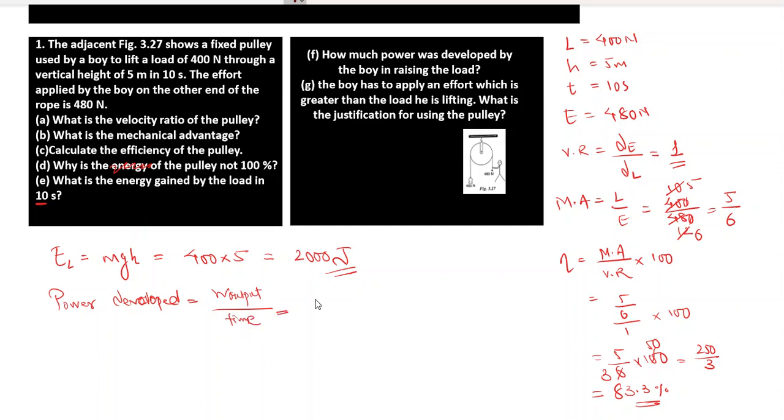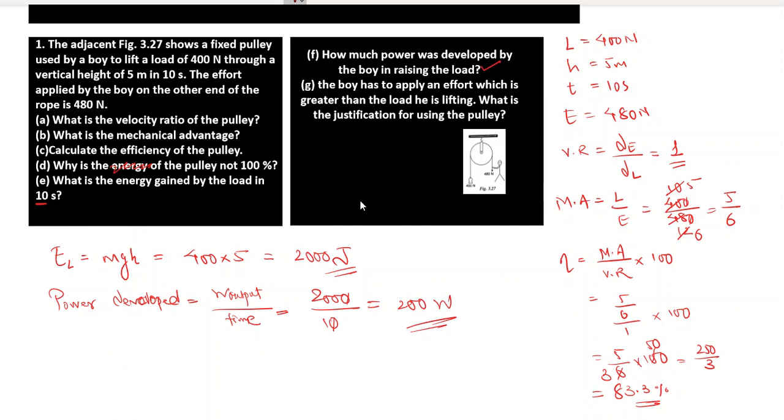So what is the work output? 2000, that is the energy gained by the load, upon time. Time is how much? 10 seconds. So the power developed is 200 watt. The boy has to apply, that is the answer of the F, an effort which is greater than the load he is lifting.